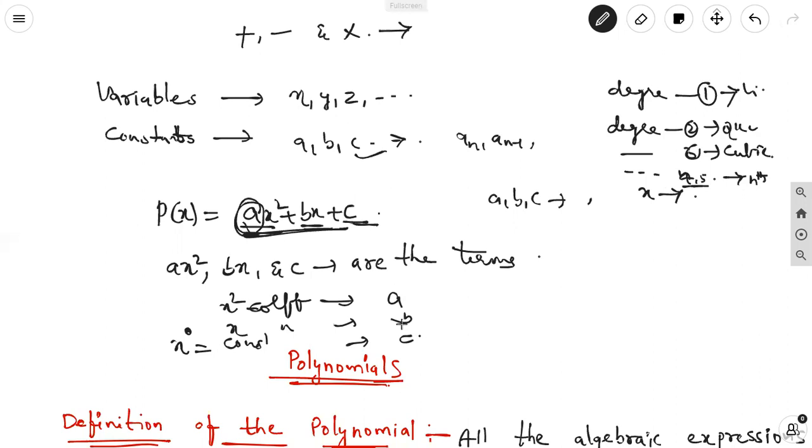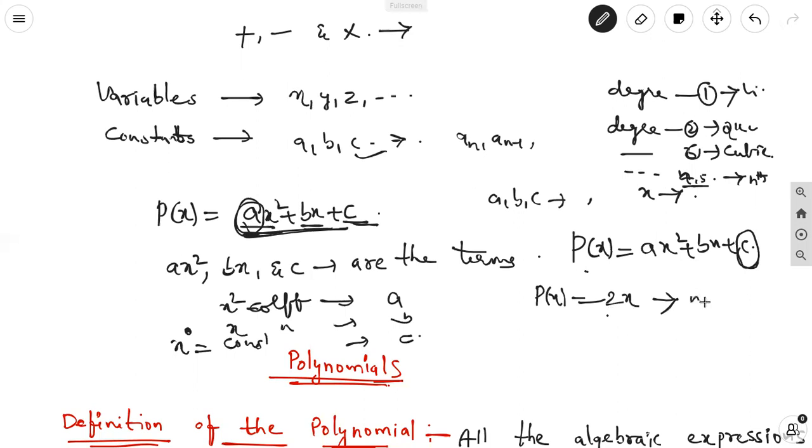Now we can again write the definition of the polynomial, the types of polynomial and the terms. The polynomial ax square plus bx plus c is just the general form; I am taking an example. If the algebraic expression has only one term, for example p of x equal to 2x, it has only one term. This also depends on the number of terms.